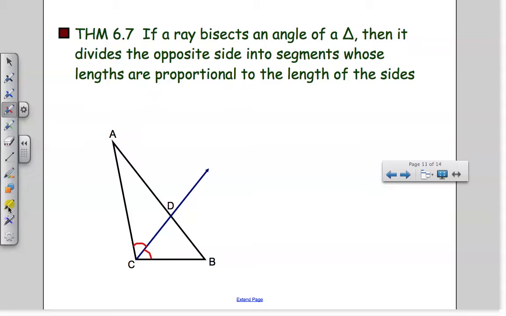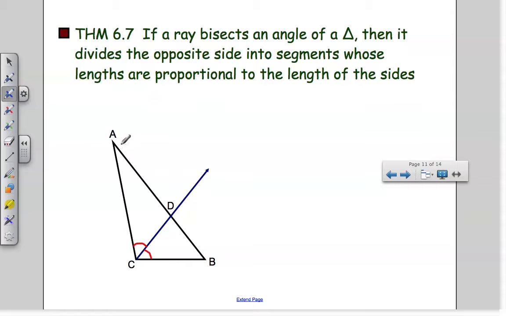Now what I'm looking at here is it's dividing this whole entire side into two portions, a portion from A to D, and a portion from D to B. And the portions of those sides are proportional to the sides nearest them. So the way that an angle bisector splits this side is proportional to the sides nearest to them.